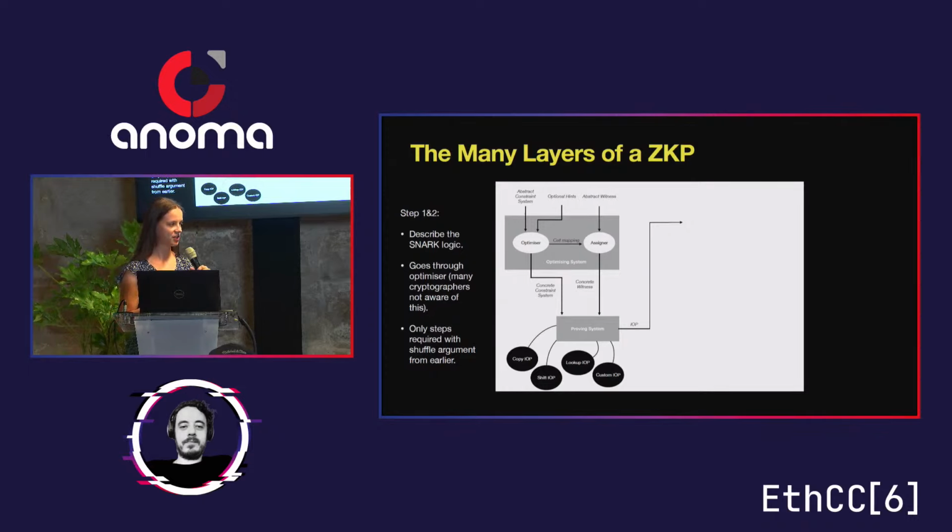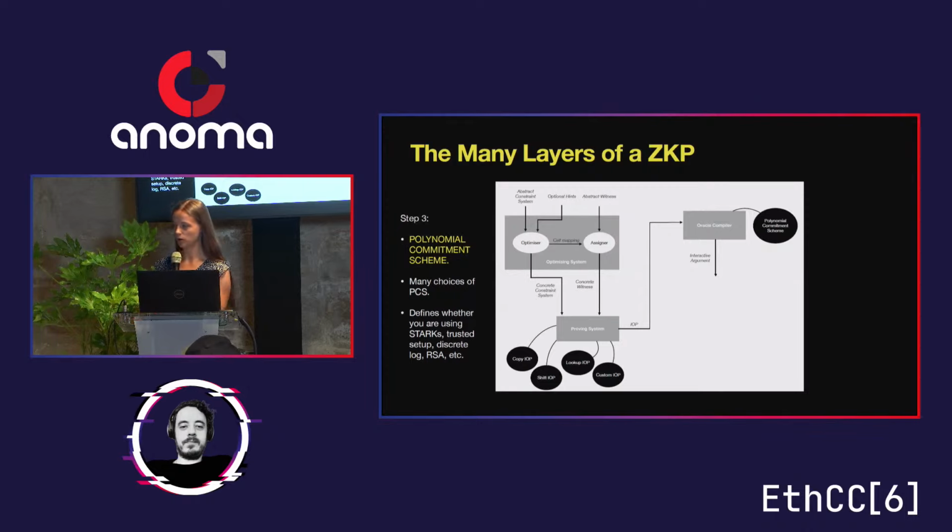After that, you take the proving system and you compile it. And this is the point where the polynomial commitment scheme comes in. Which polynomial commitment scheme you use entirely affects what your ending scheme is going to look like in some very fundamental ways. For example, if you use the FRI polynomial commitment scheme, you get STARKs.